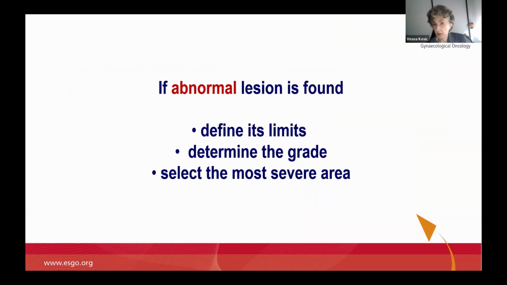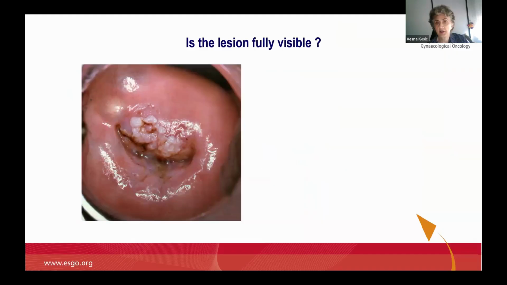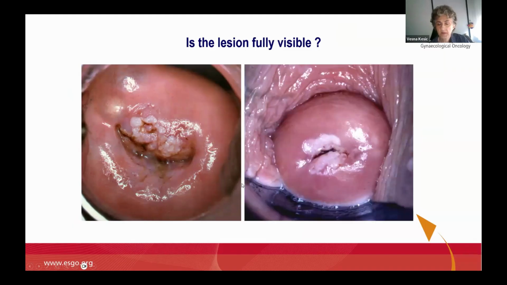So if we find abnormal lesion, what we need to do? To define the limits, to decide about the grade, and to select the most severe area. The first question is, is the lesion fully visible? There is a big difference in the case where we see the lesion fully and can judge about its severity, and this case, where the upper border of the lesion is in the endocervical canal.